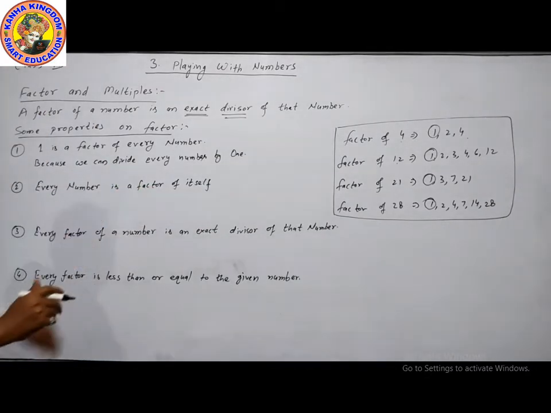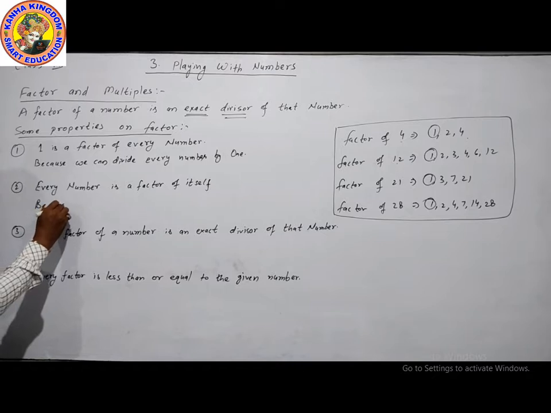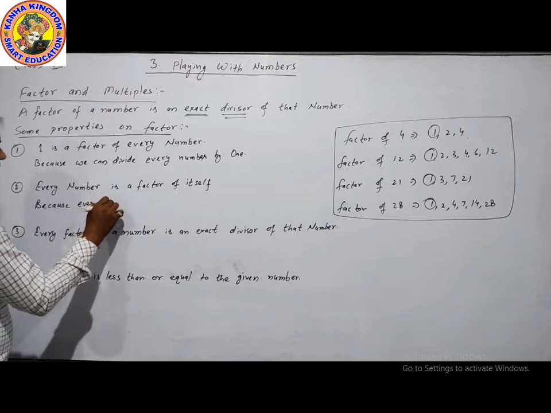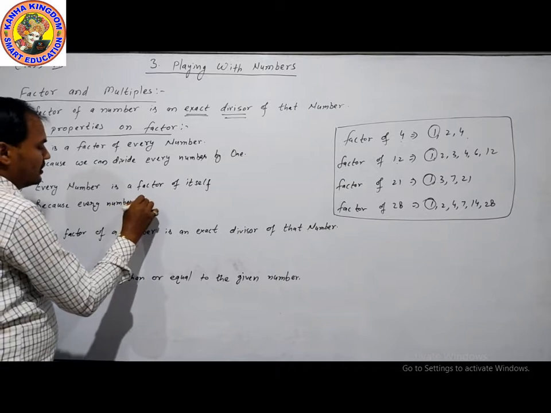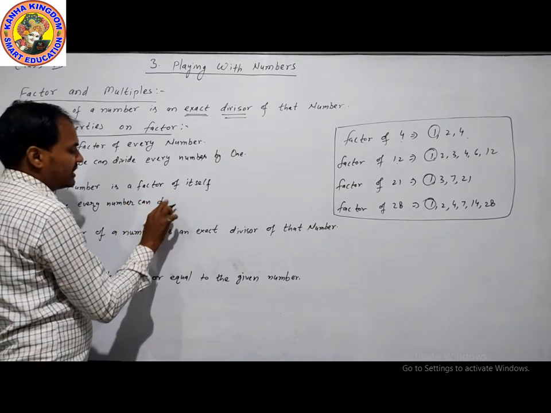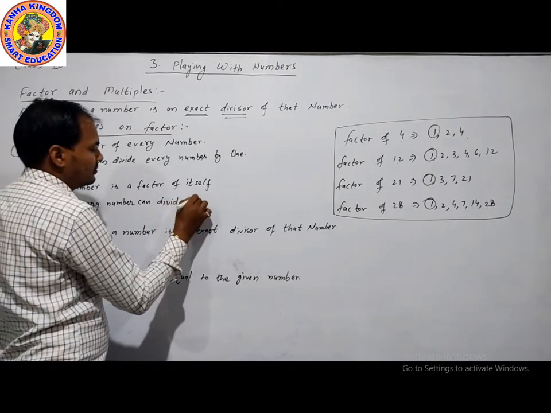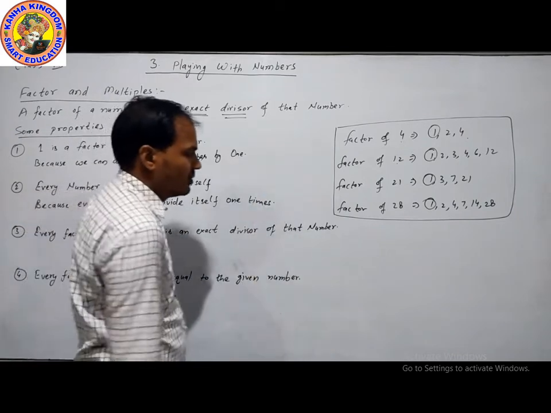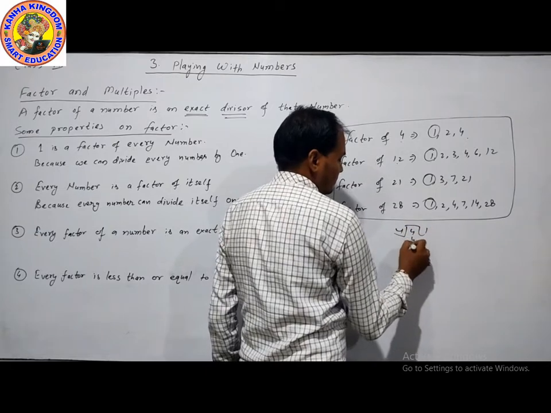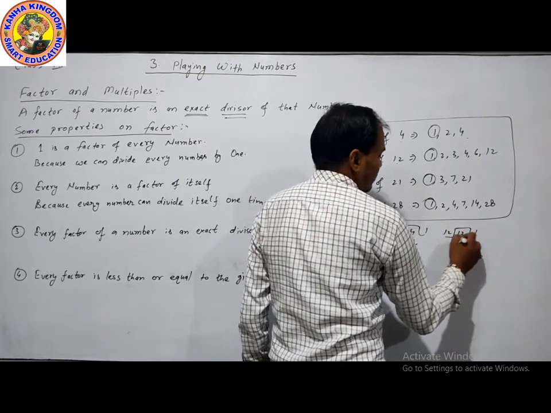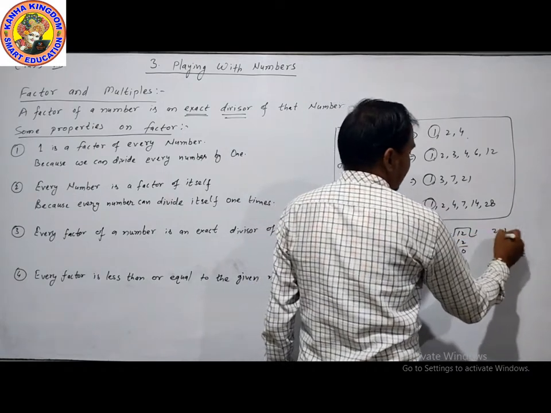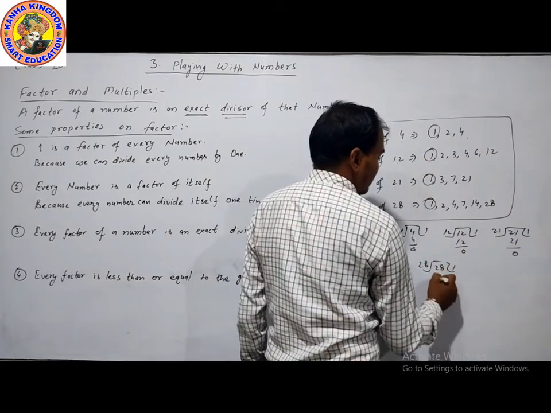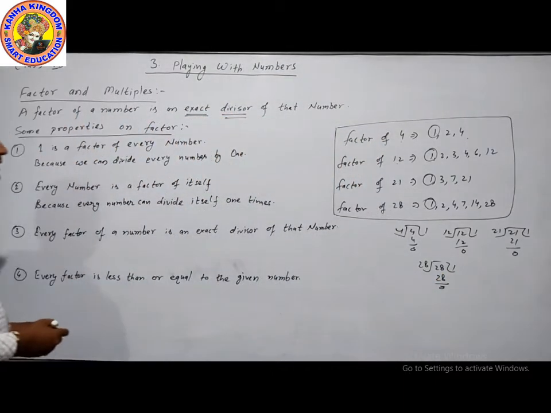Every number is a factor of itself because every number can divide itself one time. 4 can divide 4 one time. 12 can divide 12 one time. 21 can divide 21 one time. 28 can divide 28 one time. So every number can divide itself.